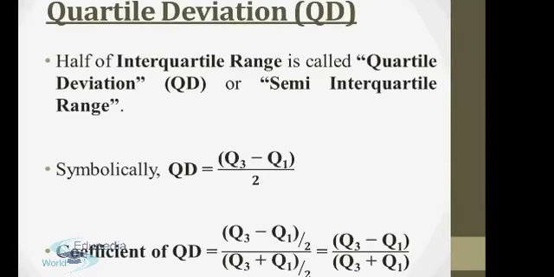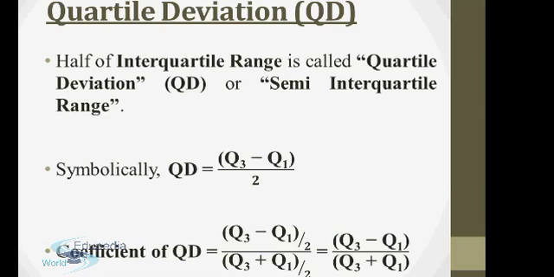From here we develop the quartile deviation, and it's simply half of the interquartile range. It's also called the semi-interquartile range, and symbolically we can write quartile deviation QD as Q3 minus Q1 divided by 2. And this of course is the absolute measure.